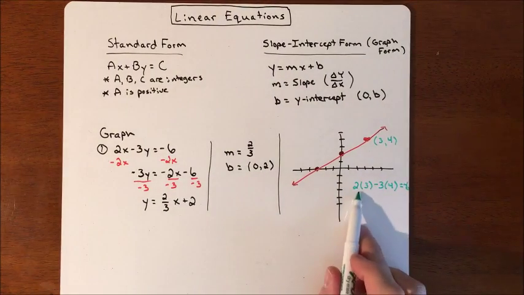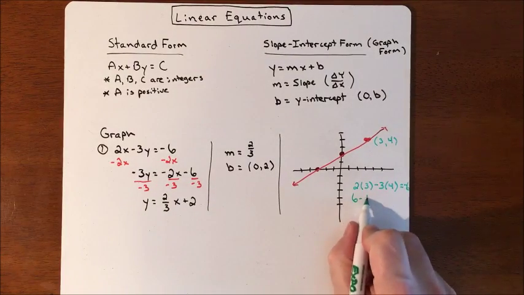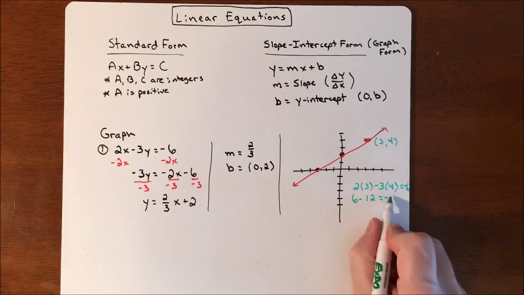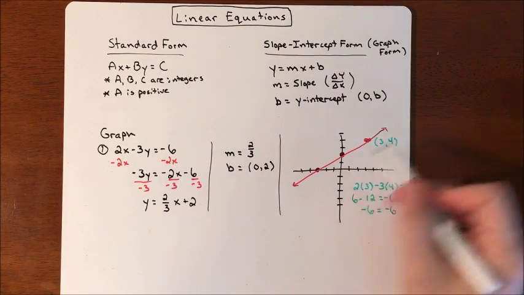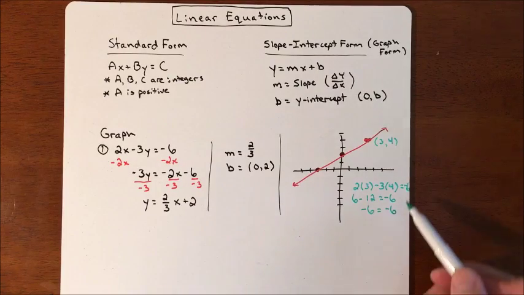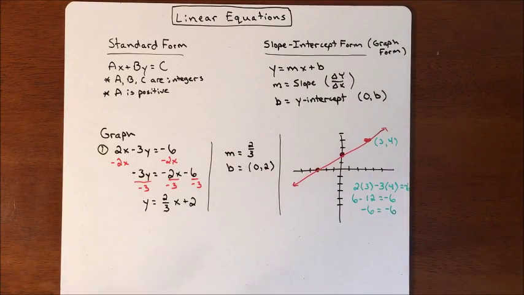I have a 6 out of that, this makes a minus 12. That's supposed to equal a negative 6, and it does. So every single coordinate on the line would satisfy the equation, so it all would add up to negative 6. That's the whole point of the line. Those are all the solutions to that equation, all the x's and y's that go together.